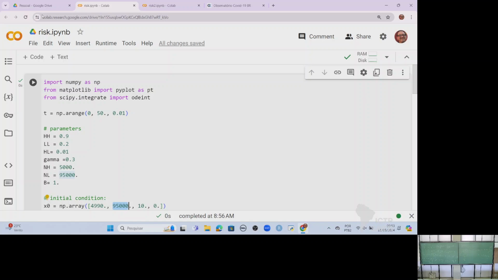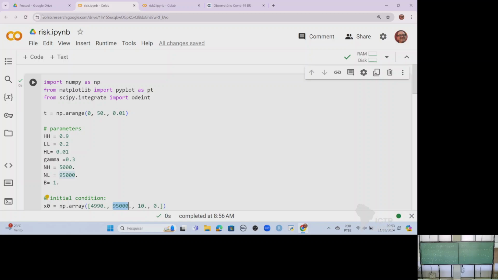So you have an invasion, more or less like you would predict, for the total number of infected people in the high risk group.